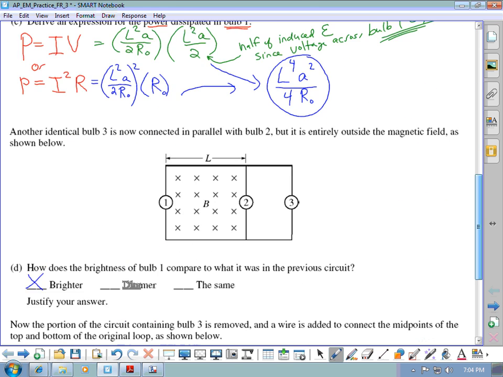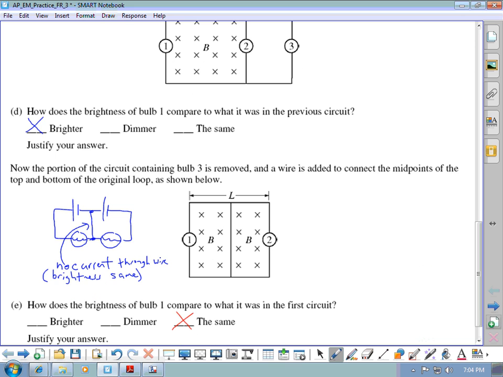Again, that's just looking at the idea that we have this changing magnetic flux. We needed to have my induced field out of the board. So that means that in this wire, you need to have a current that's flowing up this way to produce that outward magnetic field.